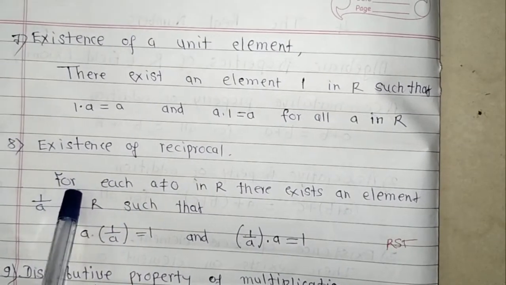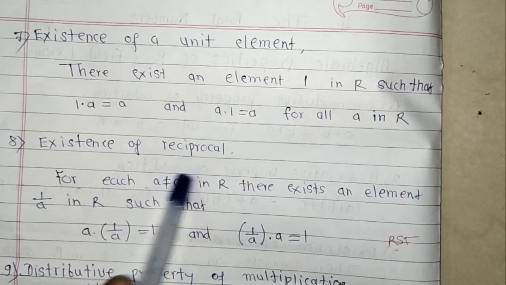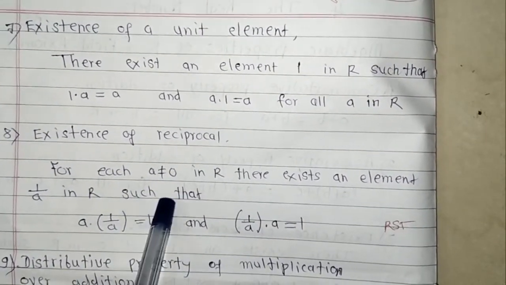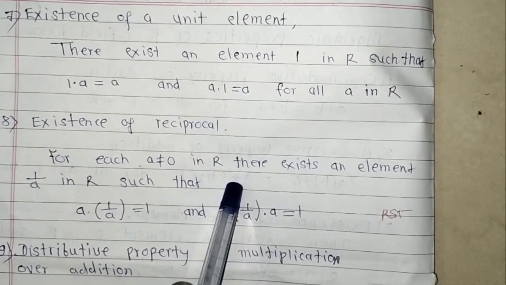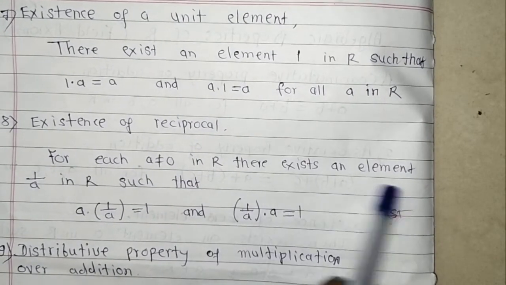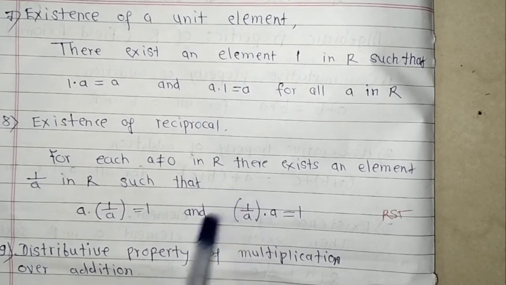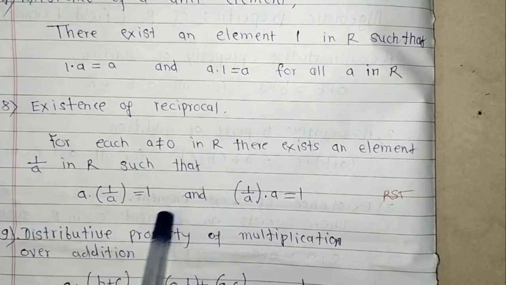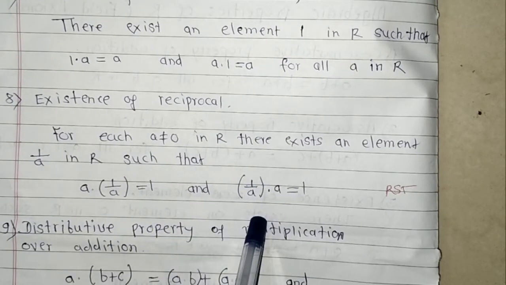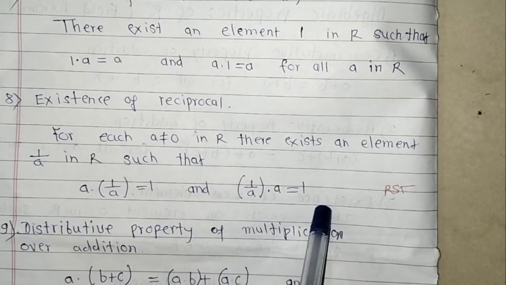Next property is existence of reciprocal. For each a not equal to 0 in R, there exists an element 1 upon a in R such that a dot 1 upon a equal to 1 and 1 upon a dot a equal to 1.